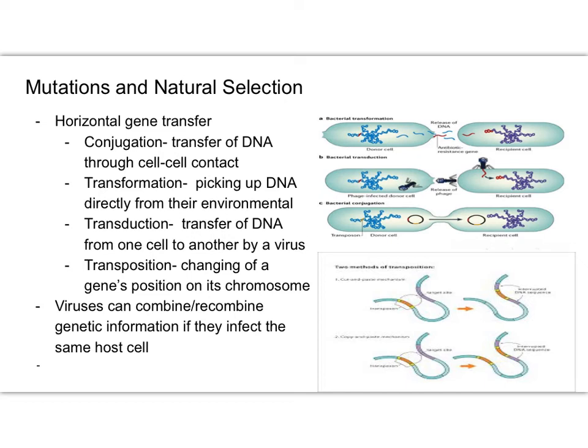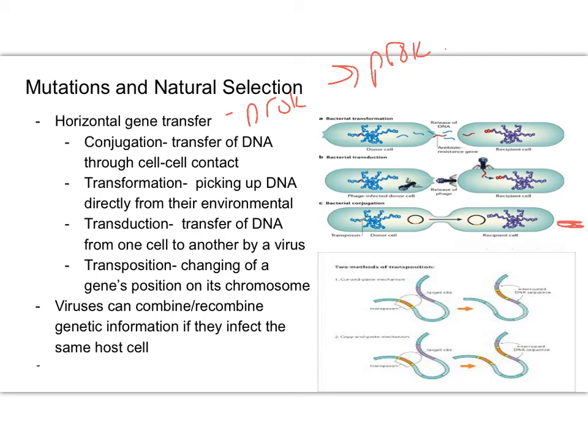So we're going to look at these right here. These are considered horizontal gene transfers, going from prokaryote to prokaryote. That's why it's a horizontal transfer. They're going from one organism to another organism of the same kind. So the first thing that we have happening here is conjugation. Conjugation is this bottom picture right here.